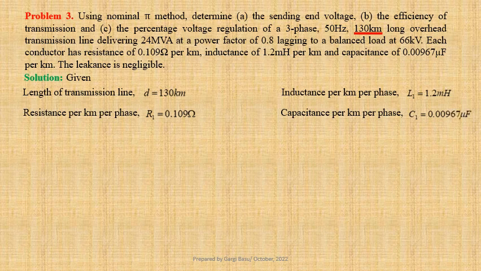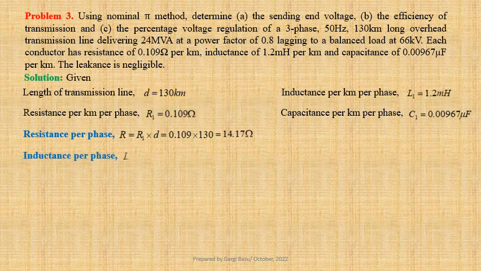Let us now calculate resistance per phase. R equals R1 into D. Using values we get 0.109 into 130, that gives us 14.17 ohm.